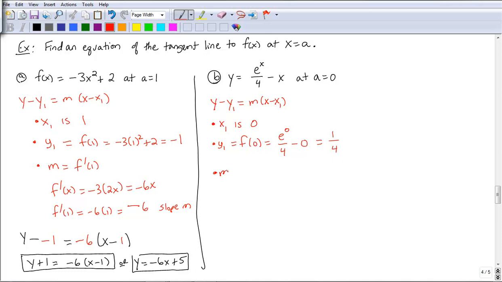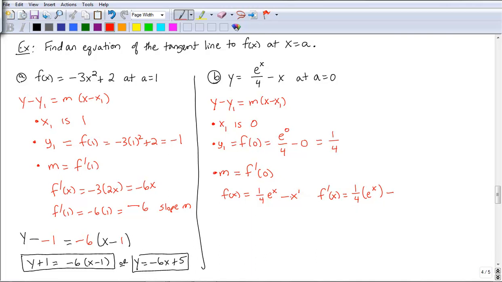To find the slope m, I need to find the derivative at the given x value, 0. Well, to find the derivative, I'm going to rewrite e to the x over 4 as 1/4 e to the x. So to find the derivative now, 1/4 is a constant. The derivative of e to the x is e to the x. When I take the derivative of x, this is really x to the first.